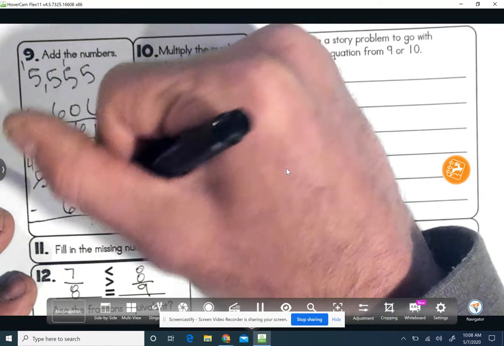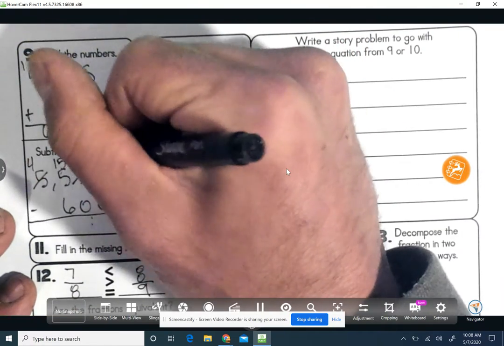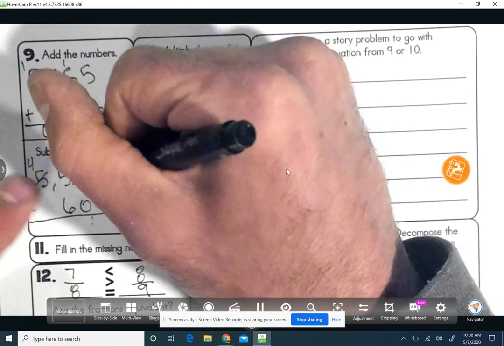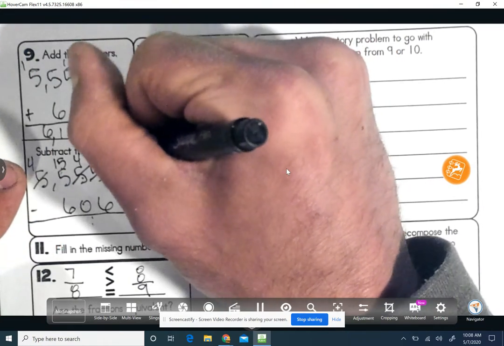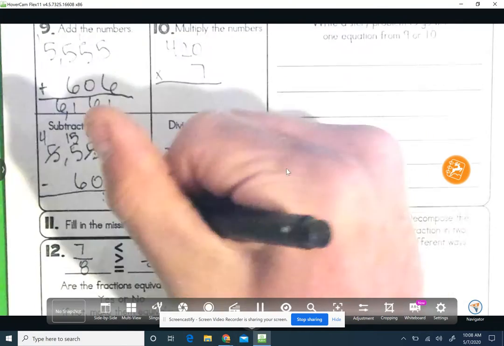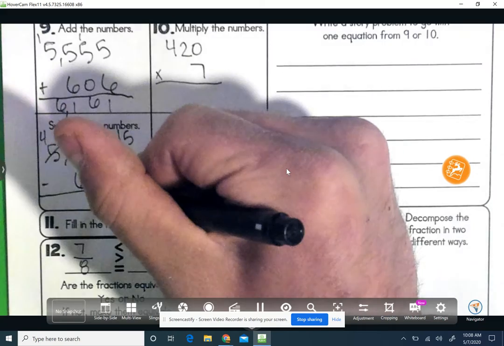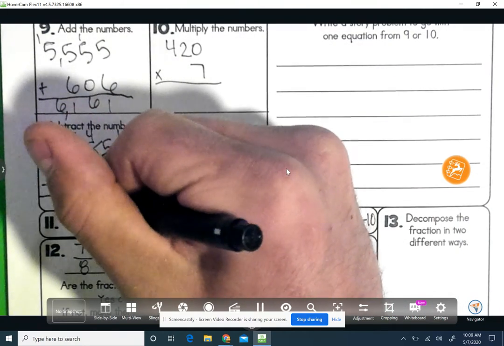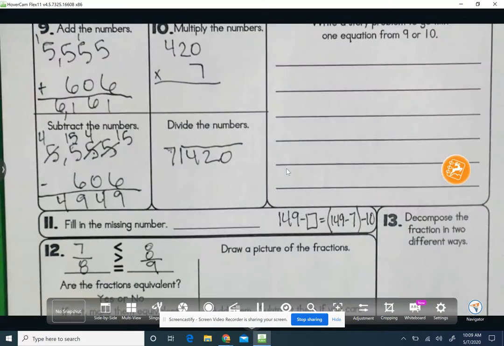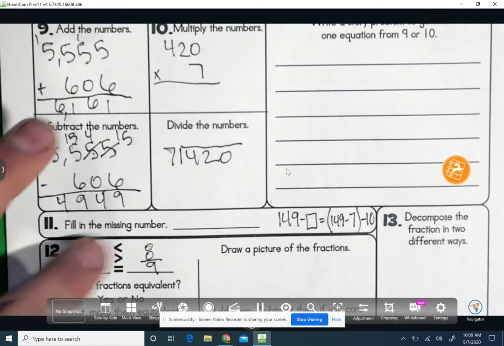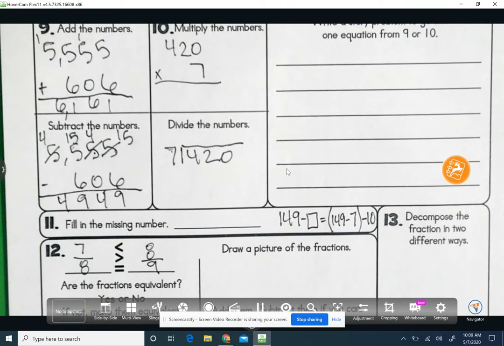I can do this problem, 5 minus 0, but I need to borrow here, so this 5 becomes a 4, and then I add those 10s to my 1s and end up with 15 ones. Now I can subtract. 15 minus 6 gets me 9. 4 and 0 is 4. 15 and 6 is 9. And 4 and 0 is 4. 4,944. Great numbers. I like seeing that alternating digits when adding and subtracting.